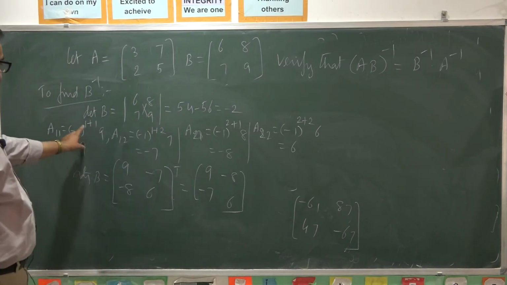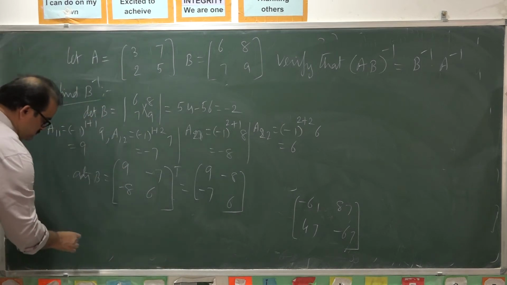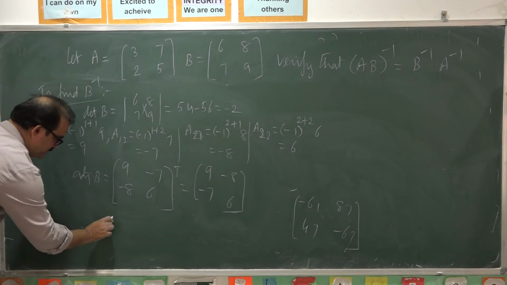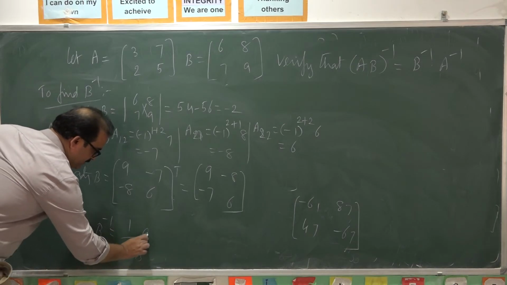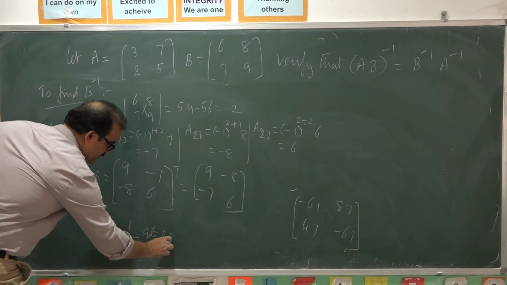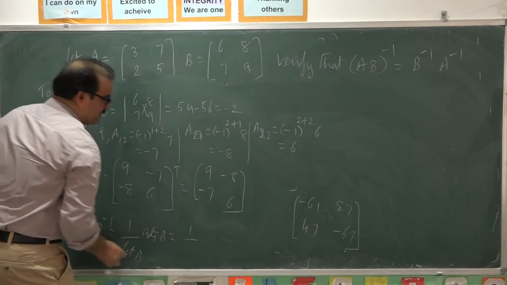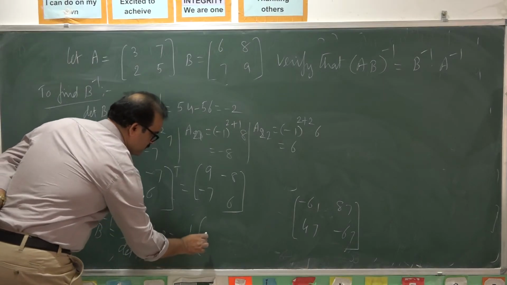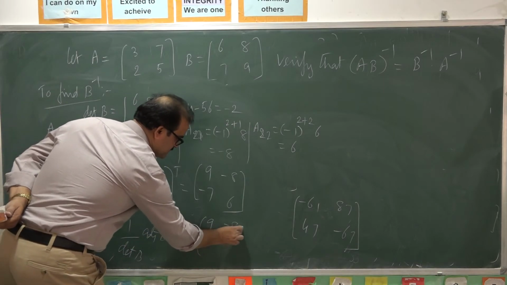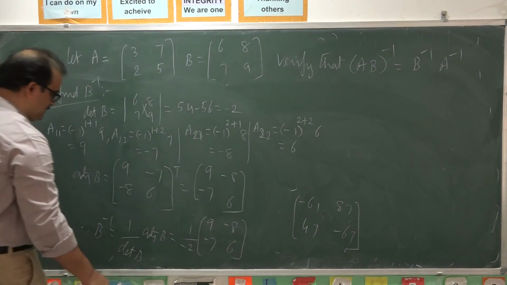In the same way you find A. Therefore B inverse is equal to 1 by det B into adjoint B. 1 by, what is det B? Minus 2. It is 9, minus 8, minus 6, minus 7 and 6.